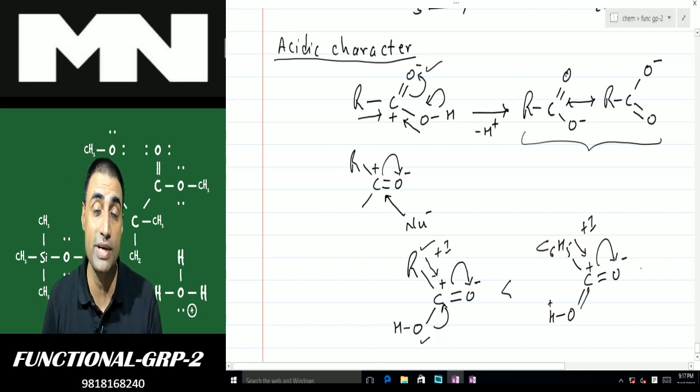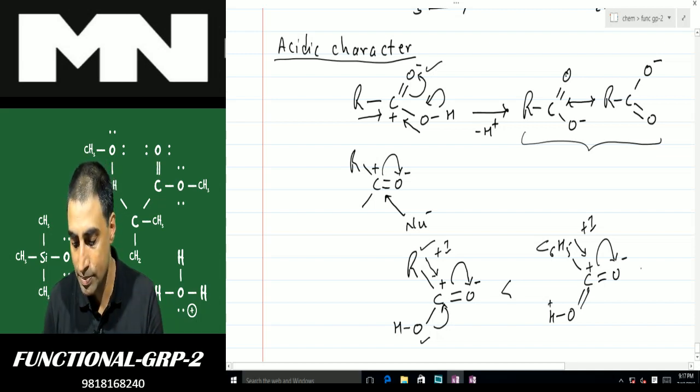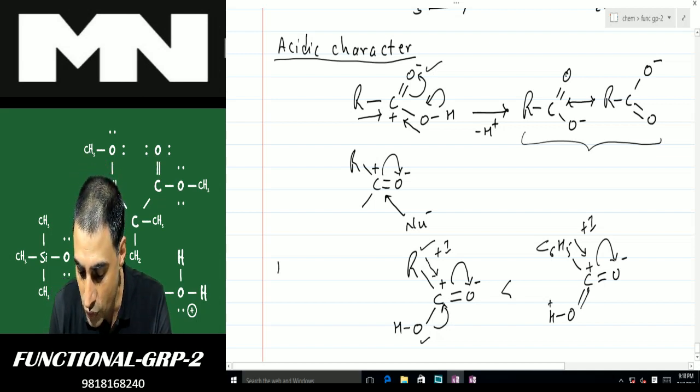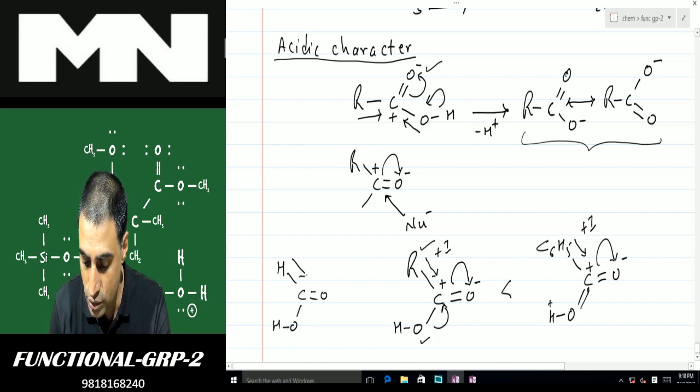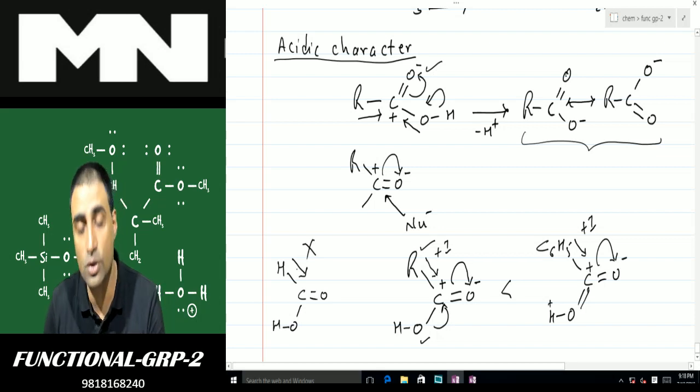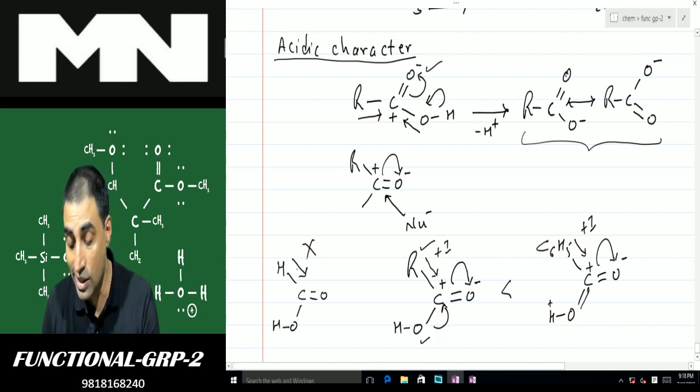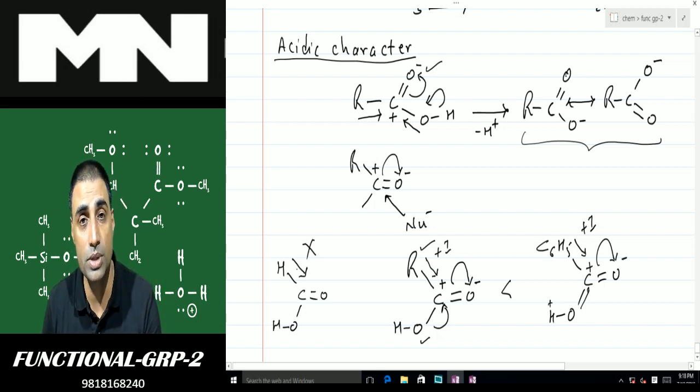But there is one aliphatic acid which is even stronger than aromatic acid, and that acid is formic acid. If I talk about formic acid, there is no electron donation from hydrogen. So hydrogen does not donate any electron, neither like an alkyl group nor like an aryl group. It has an electron donation even lesser than an aryl group.